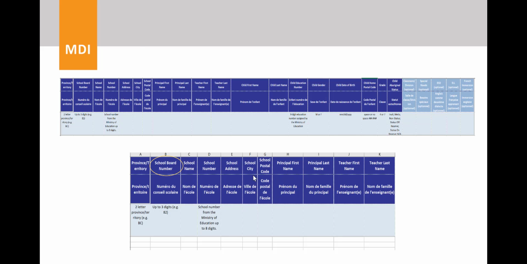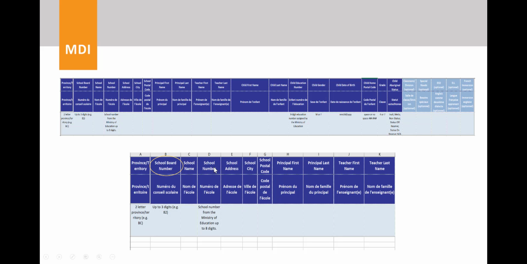There can be no empty cells in the dark blue column. So as you can see here on the image below, I have highlighted column B that says school board number. For this column, please make sure that you use the numbers that we will provide in order to identify which association your school is in.